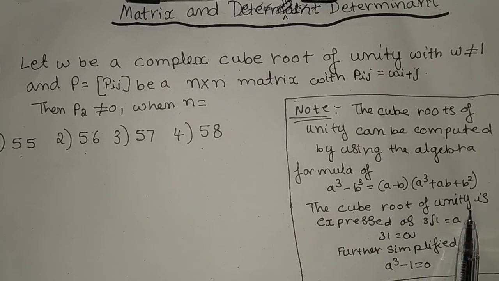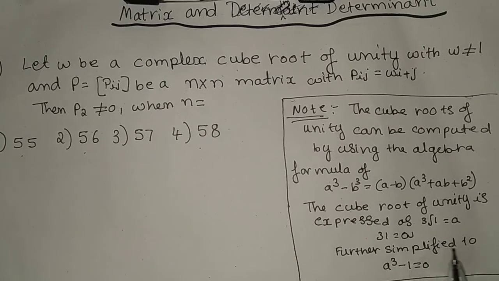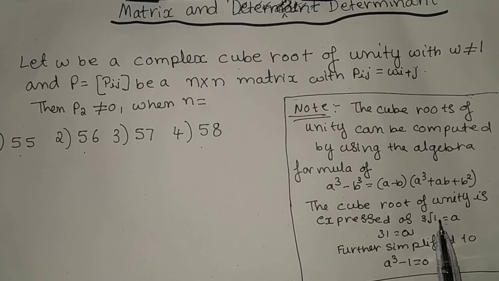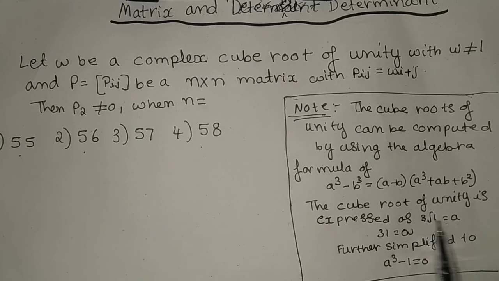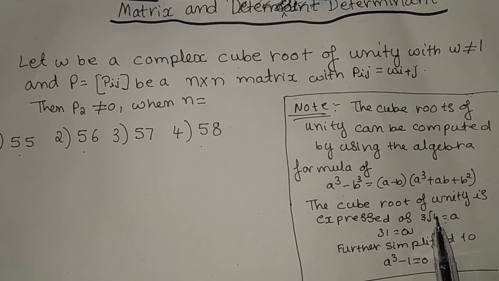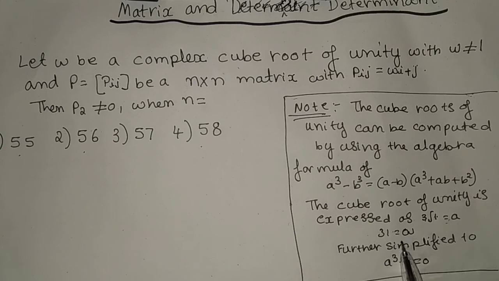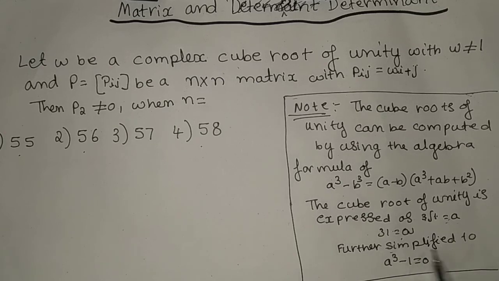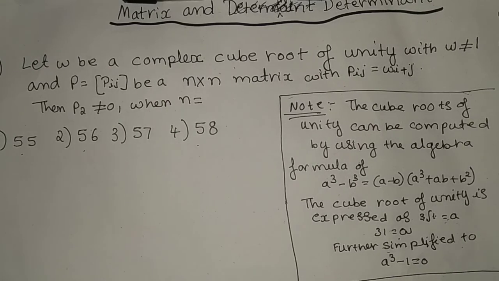So the cube root of unity can be expressed in this form: a cube equals 1, and further it can be simplified as a cube minus 1 is equal to 0.